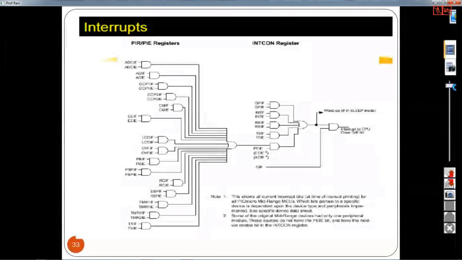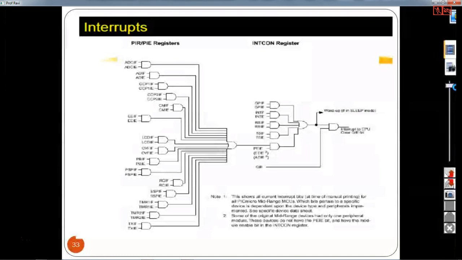Now I'm trying to discuss only the features and how they are different from 8051 microcontrollers. And these are the interrupts. So this is very important. And these many interrupts can be serviced. 12 interrupts can be serviced by PIC microcontroller. That's why it is popular.